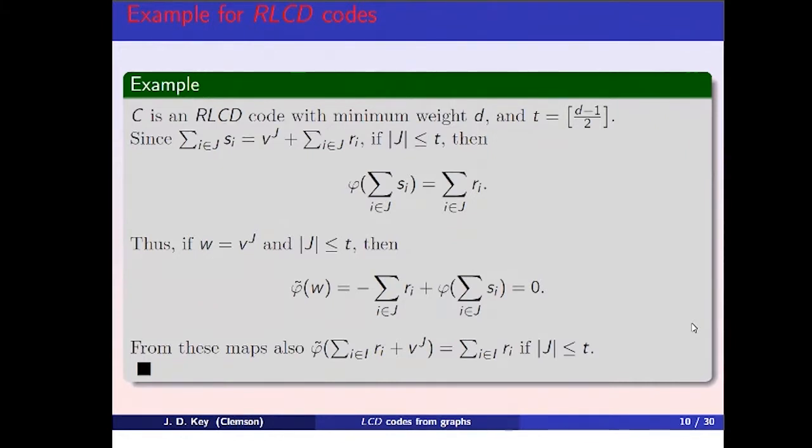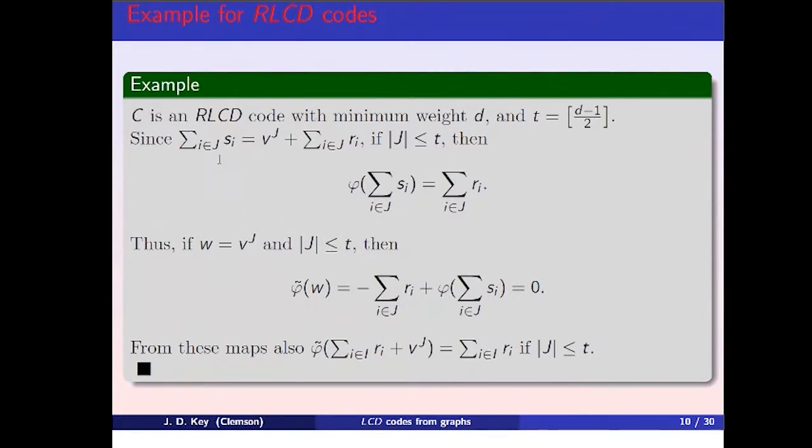So suppose I've got a minimum weight D, so there's the T there. Now, just looking at some examples here.